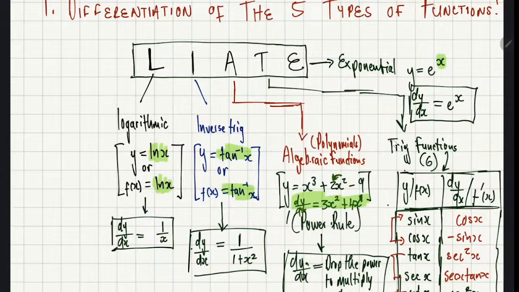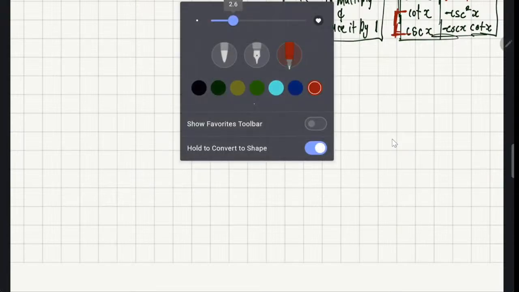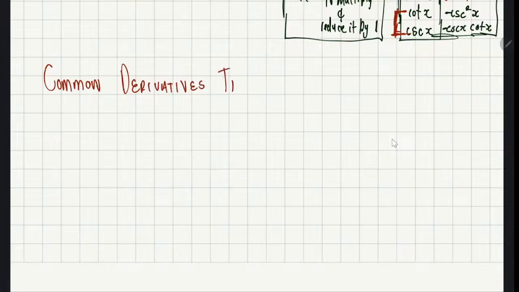So these are the 6. Let's put it now as the table. So summary. We call it the common derivatives table. Students, don't be boring students. If we have done the common derivatives table, don't make us come back to it.